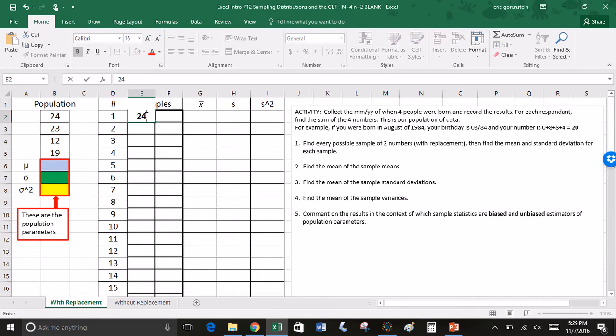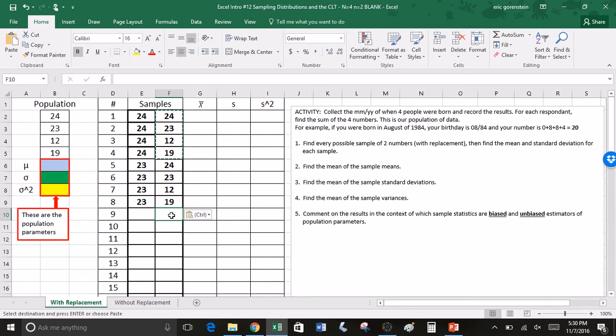So I'll go through this pretty quickly. The number 24 will be followed by one of 4 values. The 24 could be followed by a 24. It could be followed by a 23, a 12, or a 19. Same is true for the 23. 23 can be followed by any one of these 4, so I could just copy that down.